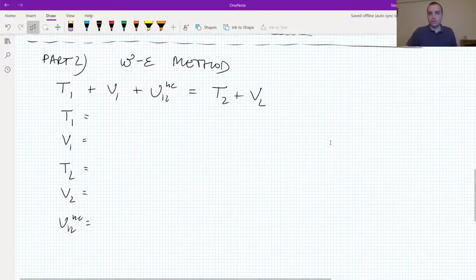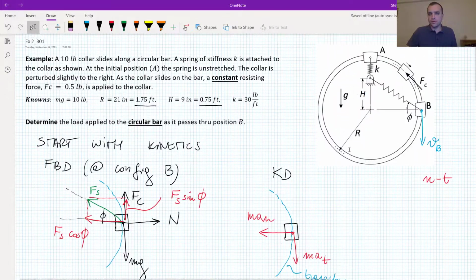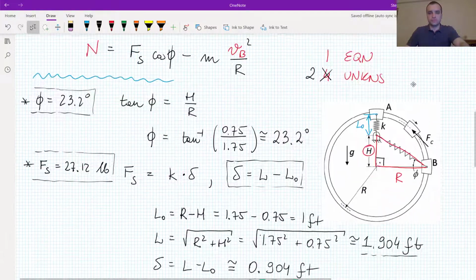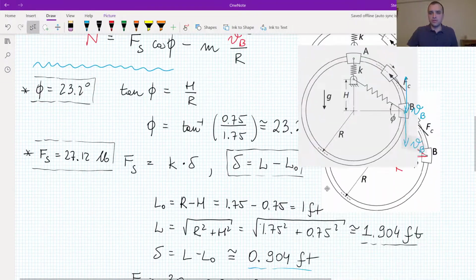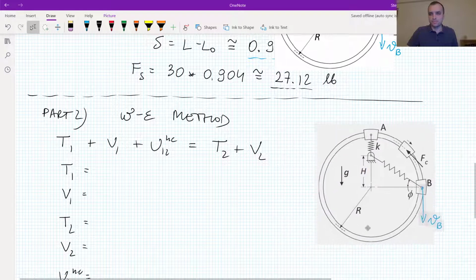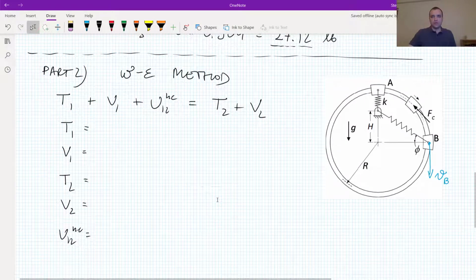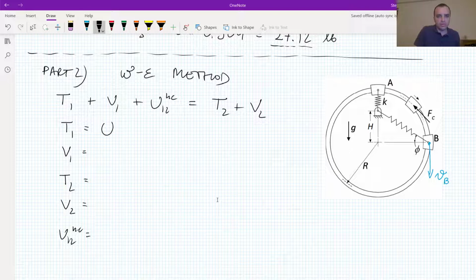Let me copy the drawing from above. So now we all see what is going on in the system. I think that the kinetic energy at the beginning is 0 because our system starts from rest. In the end, our kinetic energy will be 1/2 m vB squared.